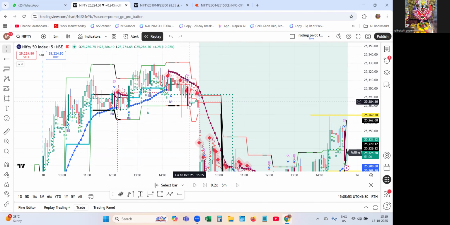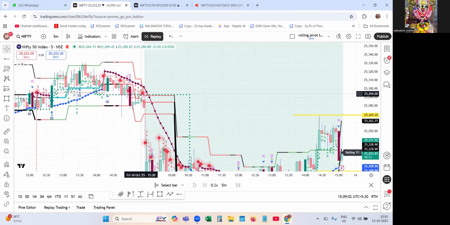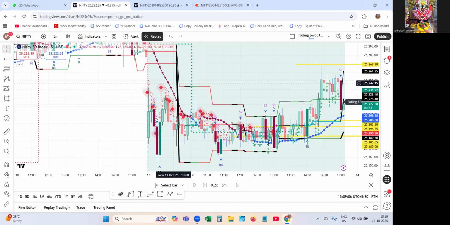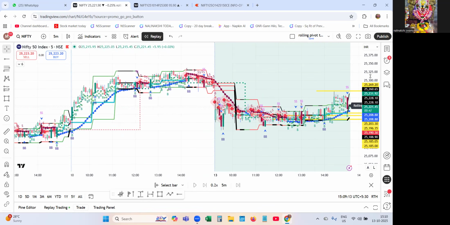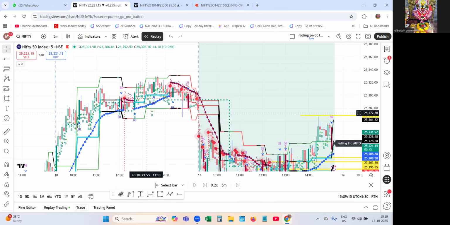You can see so strongly it has closed below the pivot, and it made an attempt after 3:15 to test Gann Hilo. That was the reason the market gapped down, and distribution had started yesterday on Friday itself.